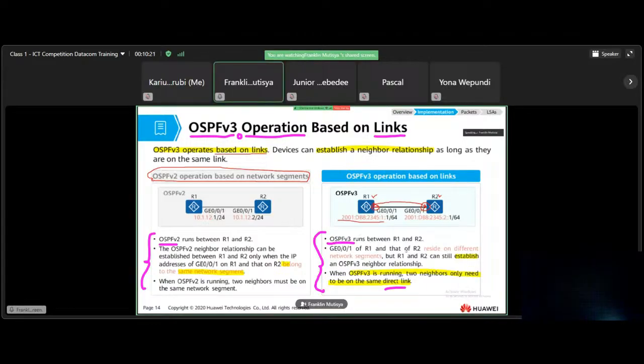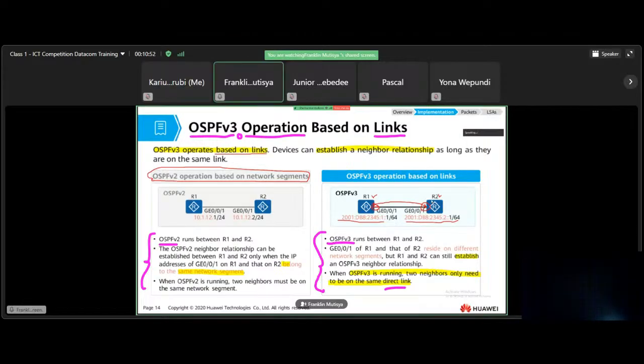Okay, so we said we establish adjacency. We said that IPv6 comes with some unique features. One of the features is that it has automatic neighbor discovery capability, right? There's a capability to discover neighbors. So even before you think of configuring OSPF, router 1 and router 2 already are aware of each other.